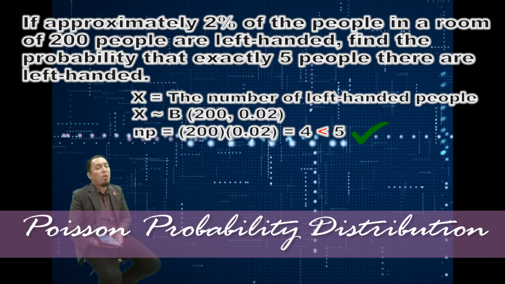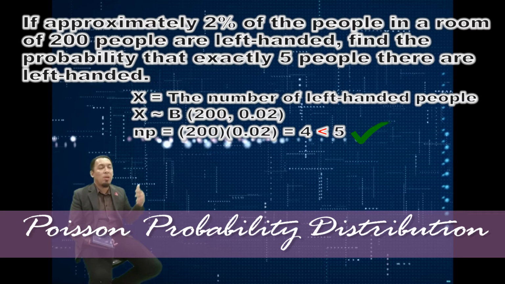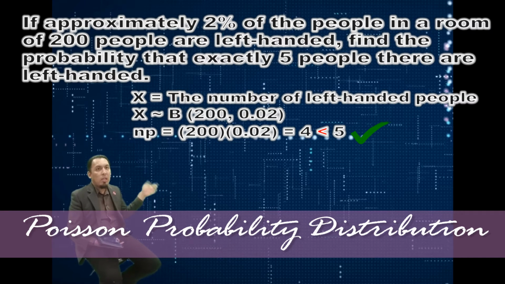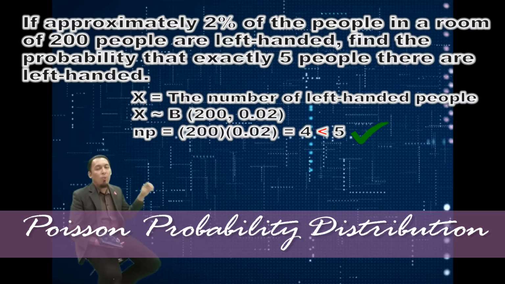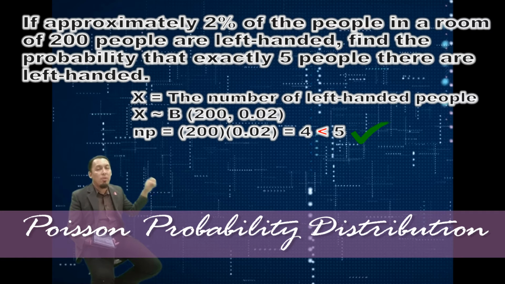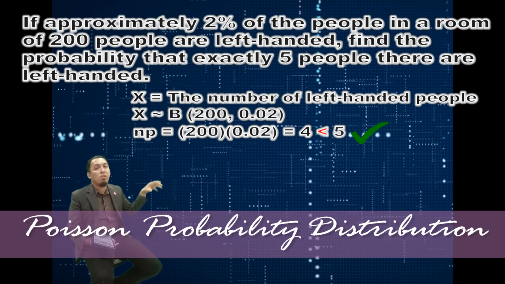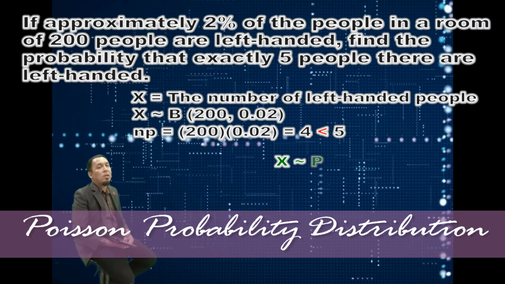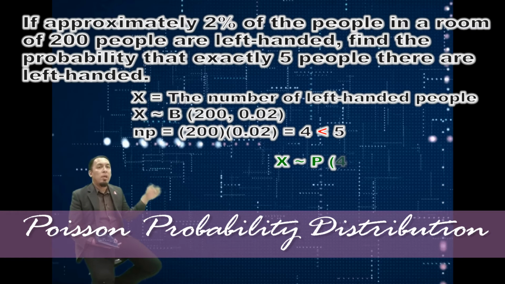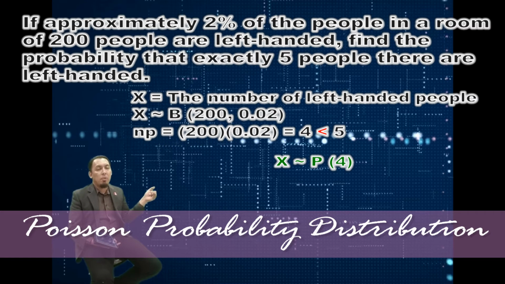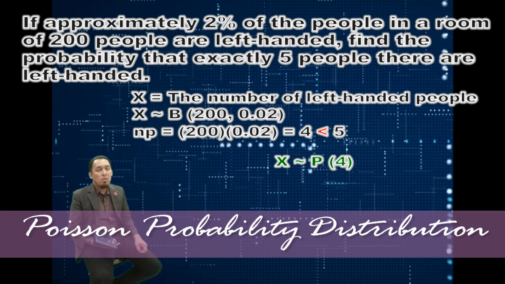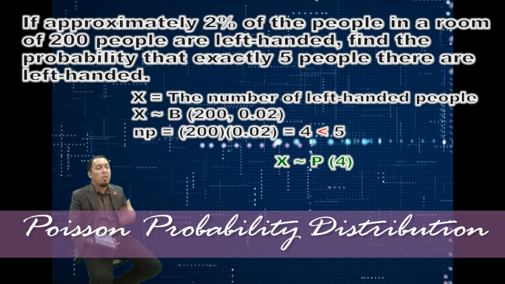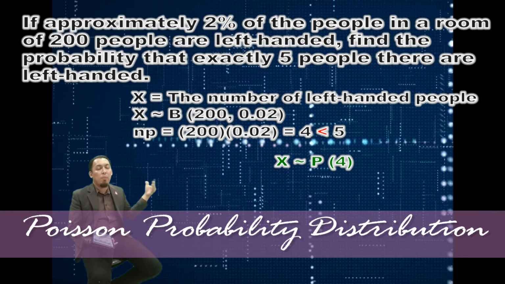If we want to use Poisson, of course we need to redefine everything. Previously we defined it as binomial. Now let's redefine it as Poisson. Let's write down the expression: X approaching Poisson, with 4 in brackets as the lambda, which is n times p. The question wants us to find exactly 5 people, so we treat it just like a Poisson question.